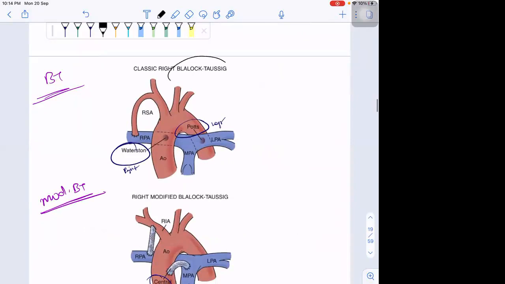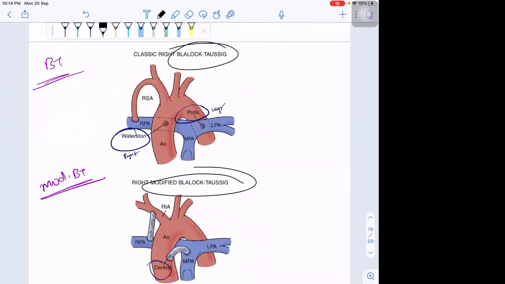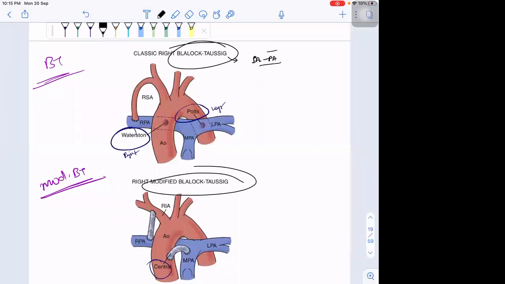And this is your Blalock-Taussig shunt, and this is your modified Blalock-Taussig shunt. What is the difference between the normal BT shunt and the modified BT shunt? I already told what a BT shunt is: the classic right BT shunt is a connection between the subclavian artery and the pulmonary artery, using the patient's own vessel.